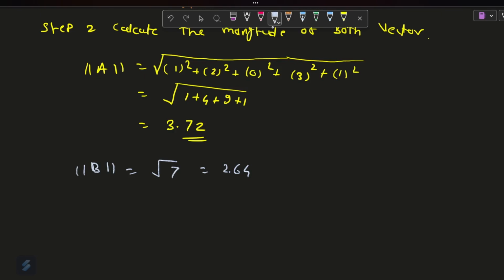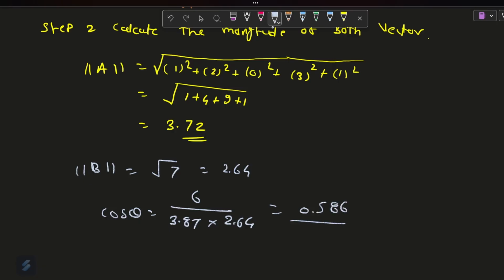Then we calculate the cosine similarity. The cos theta is nothing but 6 divided by 3.87 multiplied by 2.64, which is about 0.58.